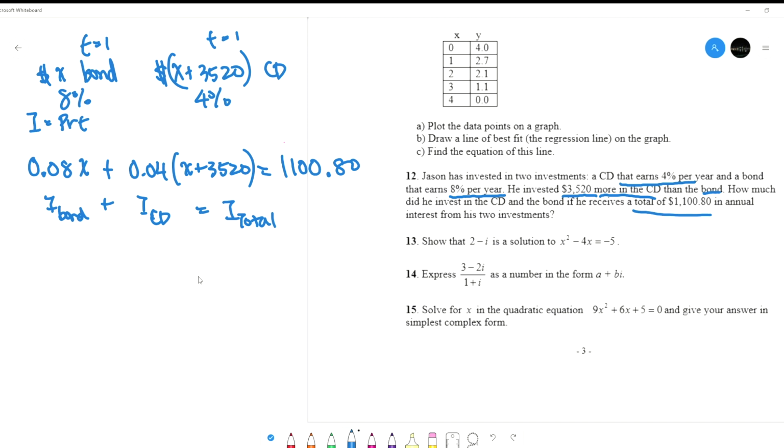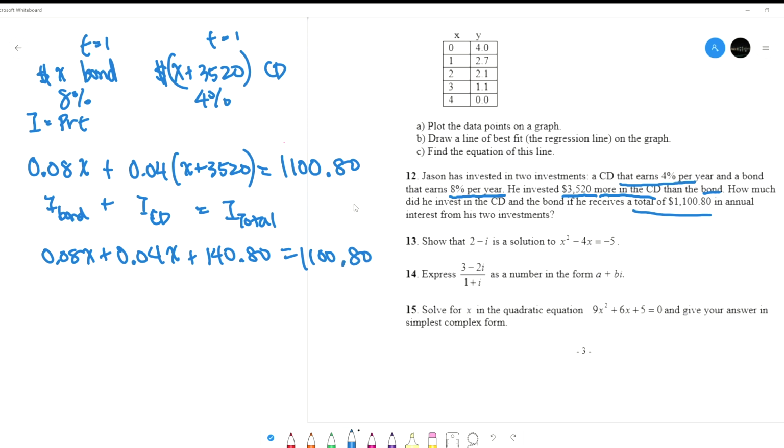All right. So now we just distribute and figure out what this comes out to. So this is 0.08x plus 0.04x plus $140.80 is equal to 1,180.